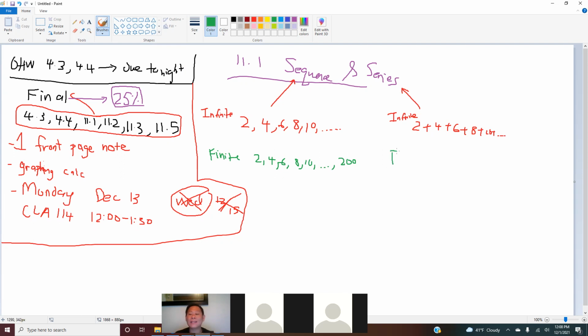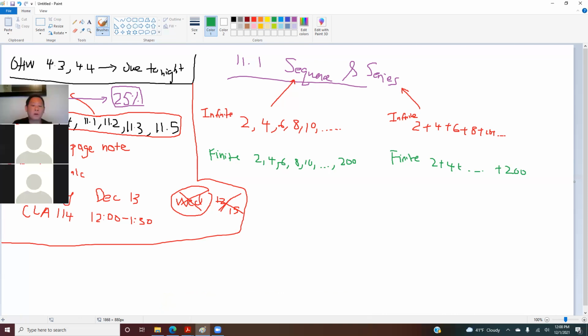Same thing with a finite series. You add them, but this time you have a stopping place. So you stop at 200. Okay, so make sure you know the difference between an infinite series and an infinite sequence, and a finite series and a finite sequence. It's kind of very self-explanatory here. So that is the meaning of it.